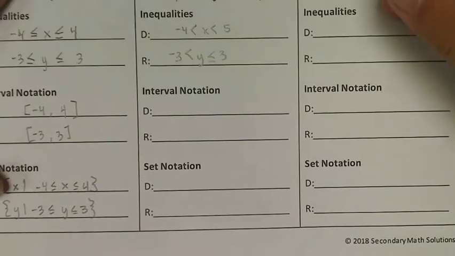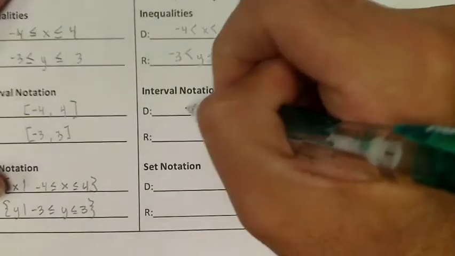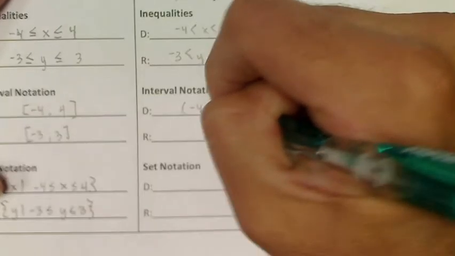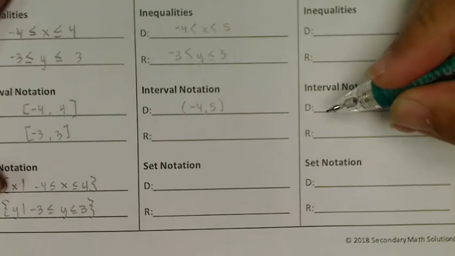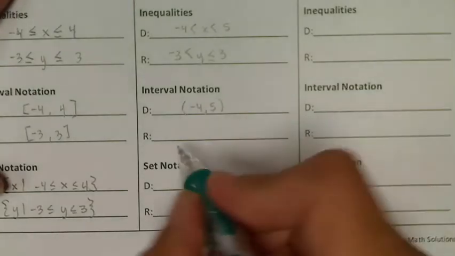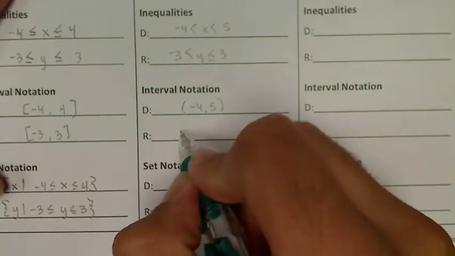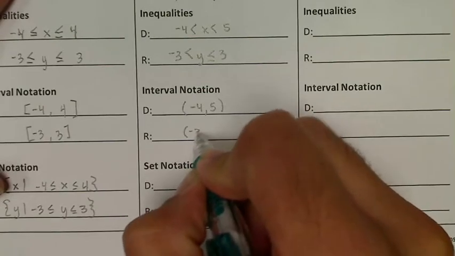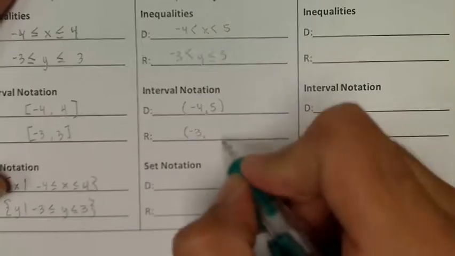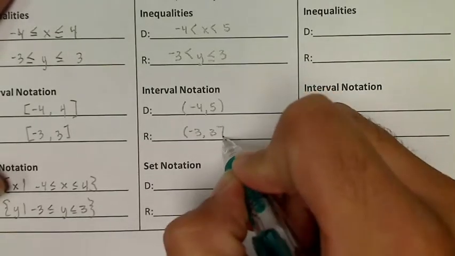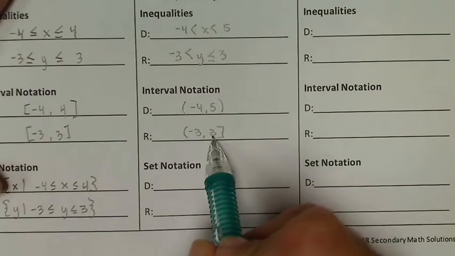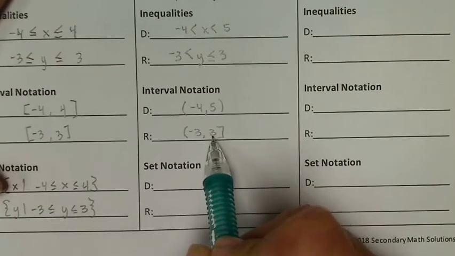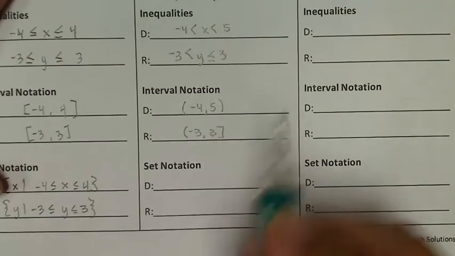In interval notation, the domain would be parentheses -4, comma 5, parentheses. And the range should be -3 with a parenthesis, comma, 3 with a bracket, because again, 3 is included in our set of y values.